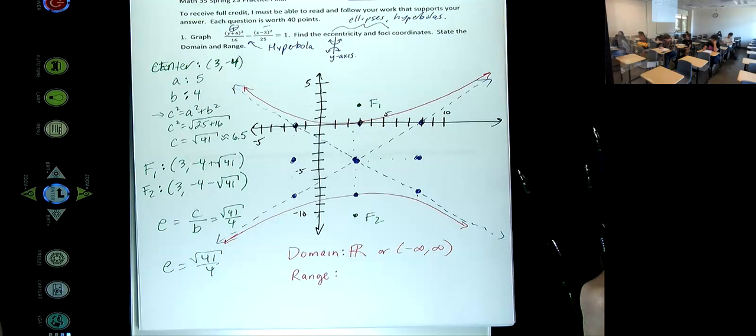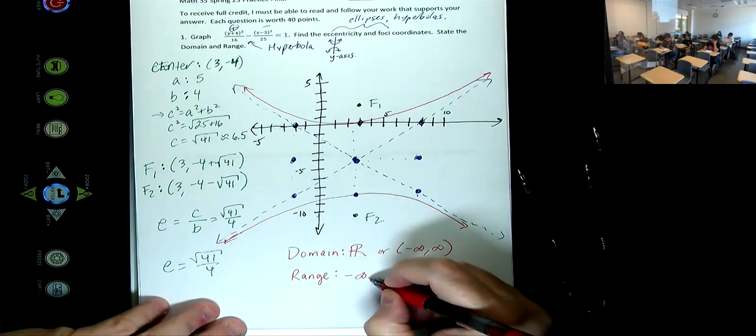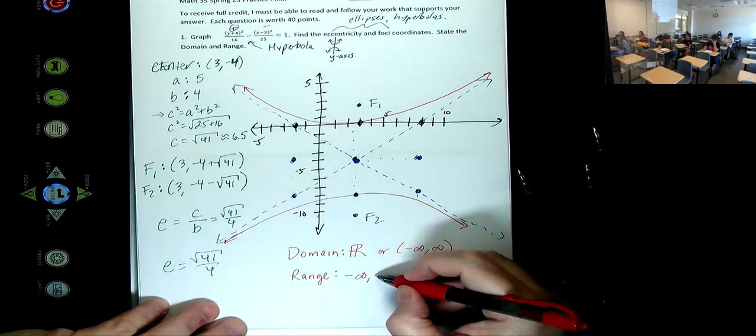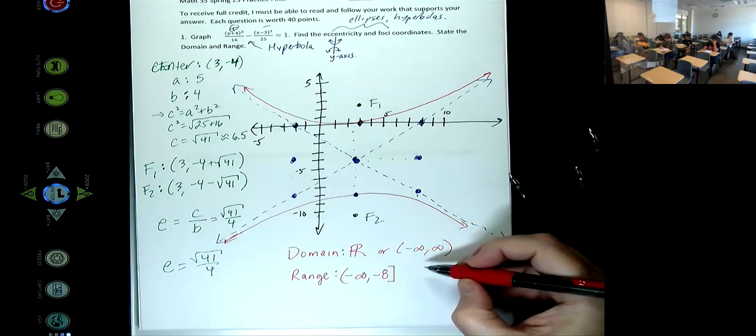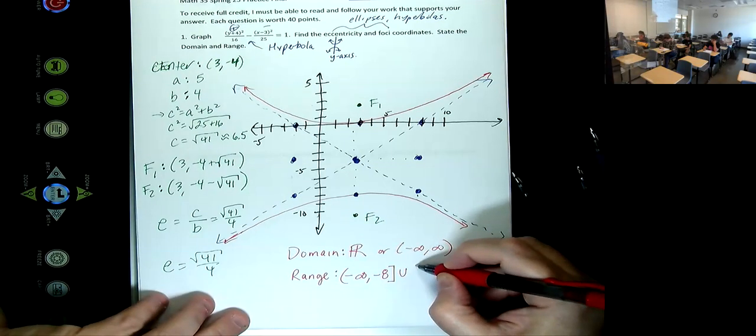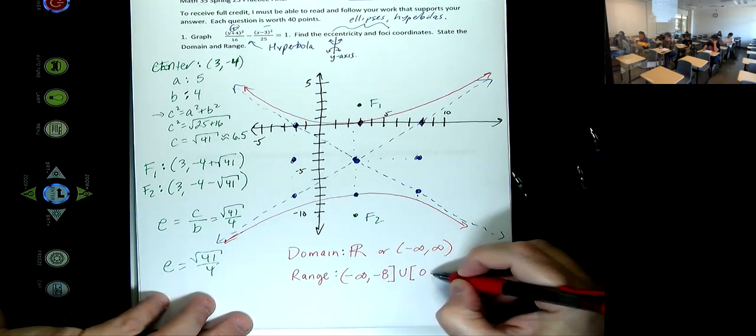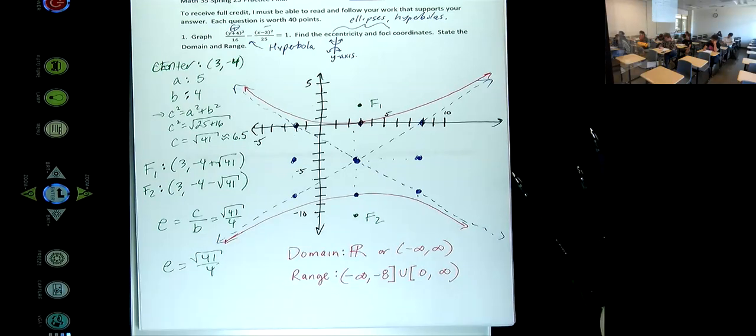Each person has their own preference. What about the range? Looks like -8, yeah. There we go. That looks good.